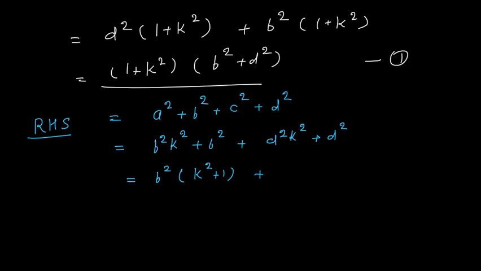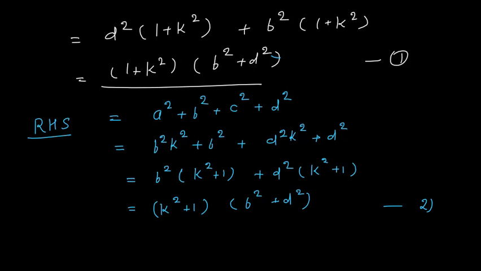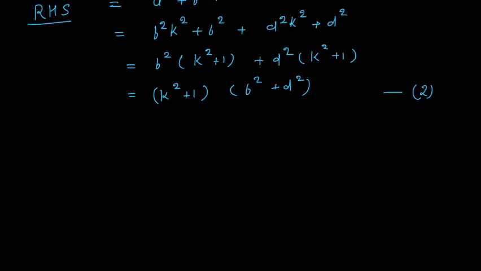Here you take d square common, so you have k square plus 1. Now you can take this k square plus 1 common, so you have b square plus d square. What we got here is the same thing. 1 plus k square or k square plus 1, they are one and the same thing. So therefore from 1 and 2, you will say that your LHS is your RHS.